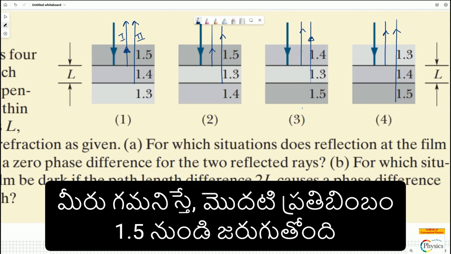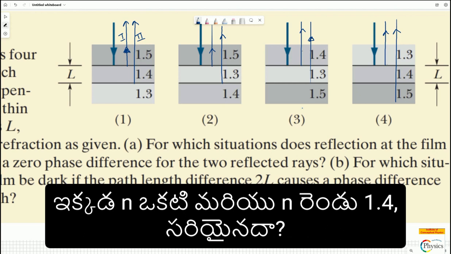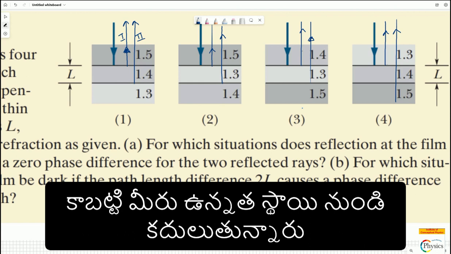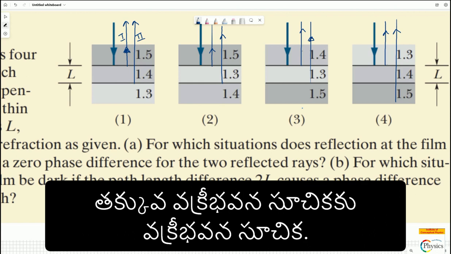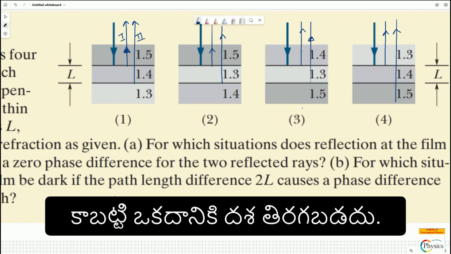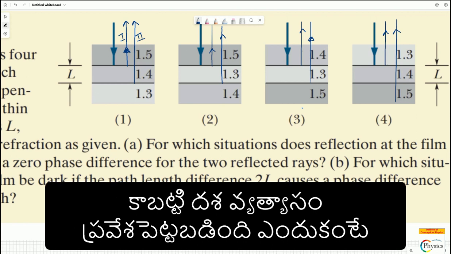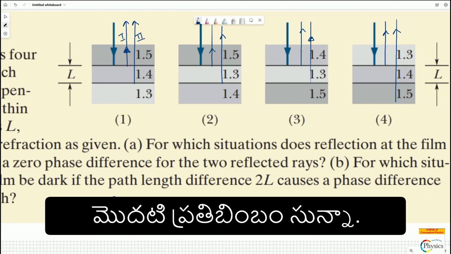If you notice, the first reflection is happening from 1.5, which is n1 here, and n2 is 1.4, right? So you're moving from a higher refractive index to a lower refractive index. So no phase reversal happens for 1. So the phase difference introduced because of the first reflection is 0.